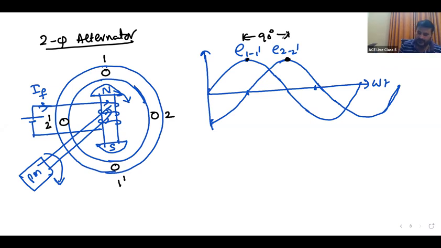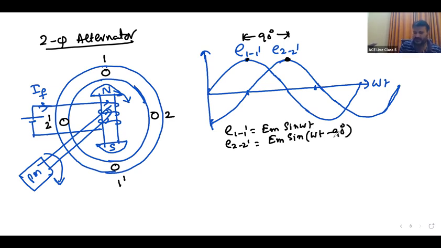So if you write E is equal to Em sin omega t, then what is E11 dash? E11 dash is Em sin omega t. What is E22 dash? Em sin (omega t minus 90 degrees). Both are displaced with an angle of 90 degrees because a two-phase machine will be displaced by 90.